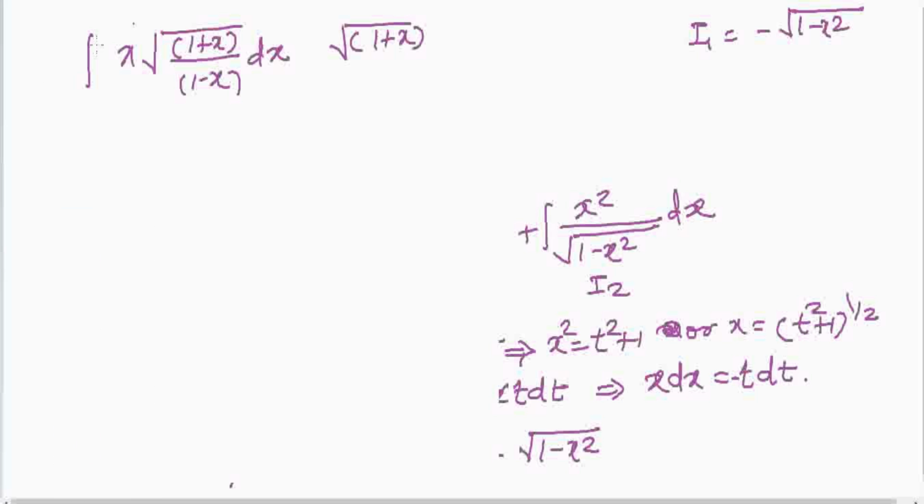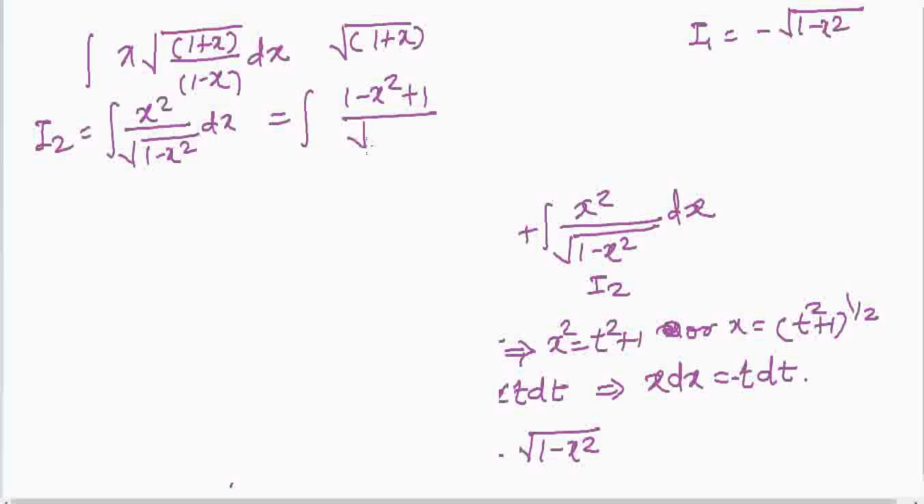Now I2 equal to, what is I2? I2 equal to integration of x square divided by under root of 1 minus x square into dx equal to integration of minus of 1 minus x square plus 1 divided by under root of 1 minus x square into dx.